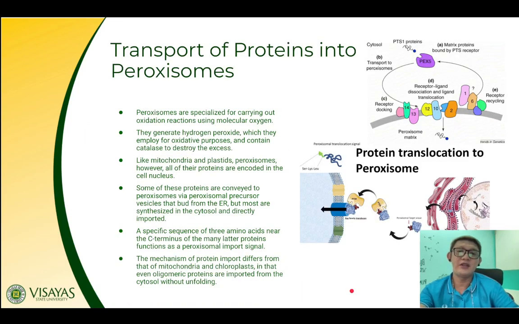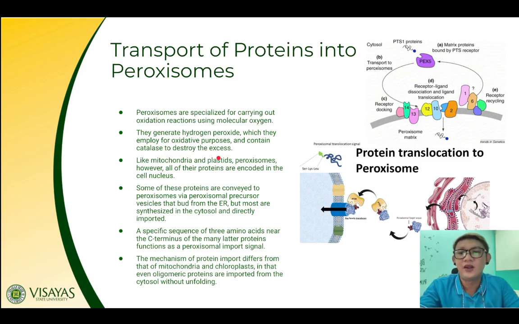Now let us talk about another type of transmembrane transport, which is the transport of proteins into peroxisomes. Peroxisomes are specialized for carrying out oxidation reactions using molecular oxygen. They generate hydrogen peroxide, which they employ for oxidative purposes, and they contain catalase to destroy the excess hydrogen peroxide.